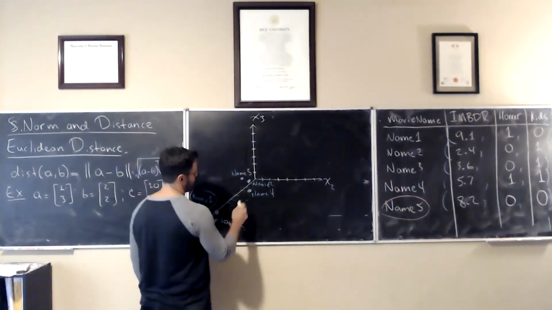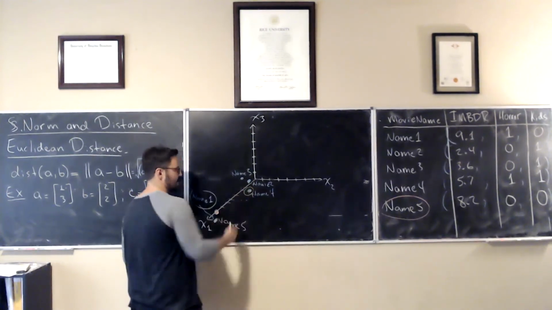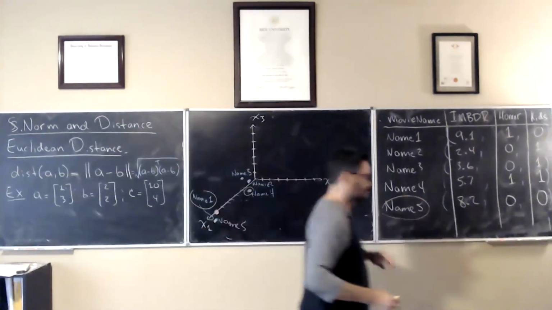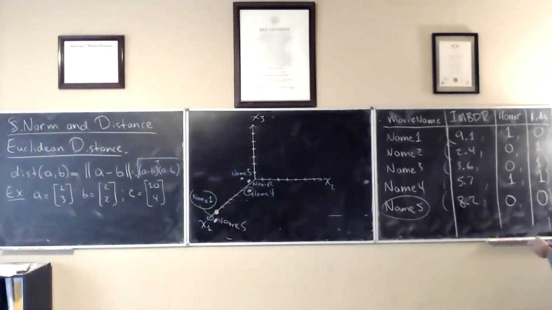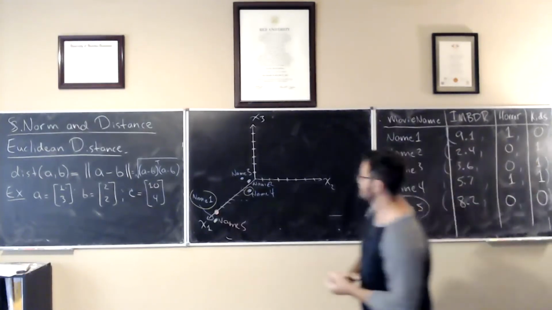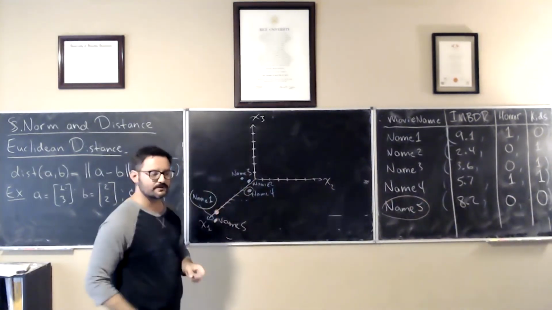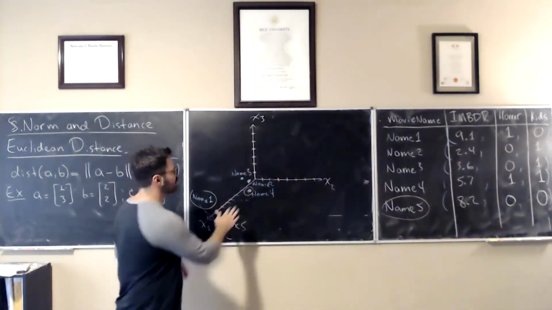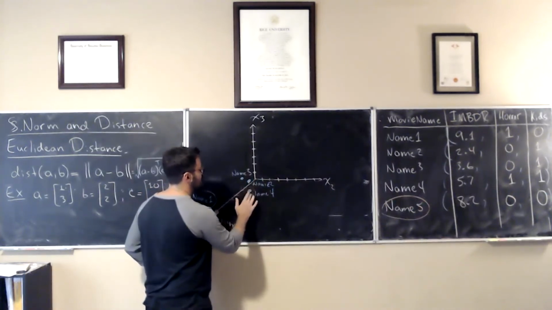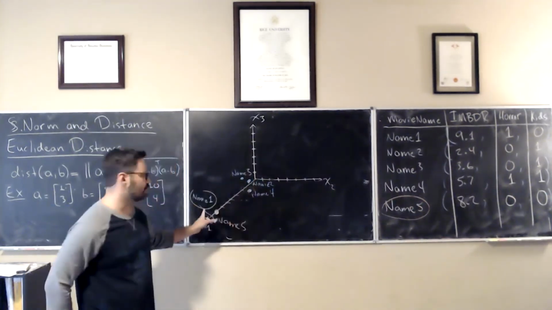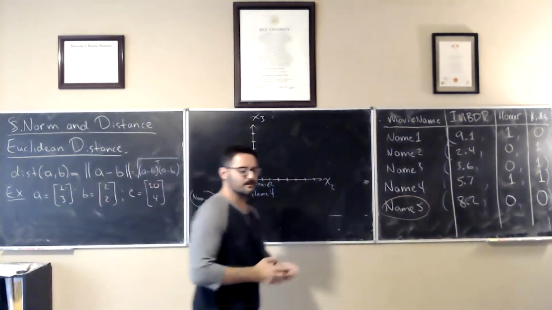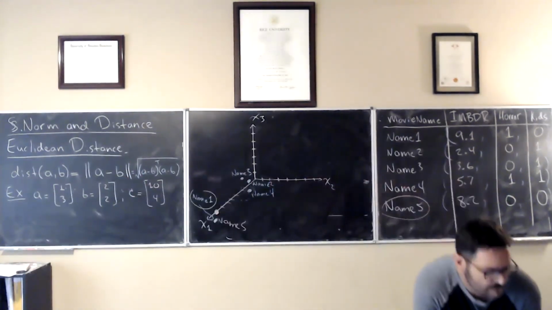Also, the next nearest one is probably this one. It's further away, but it seems like that would be something to recommend. Do y'all see that? Maybe that one's too far away. Maybe we would only recommend one movie in the database that was similar to that movie that I like. You see that?